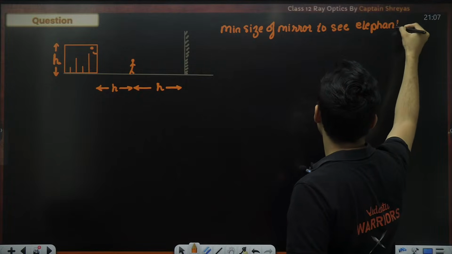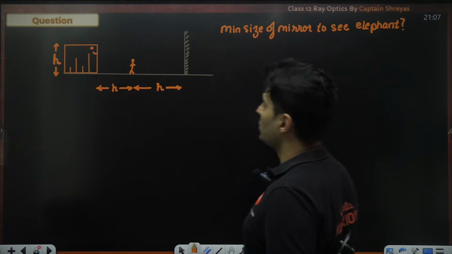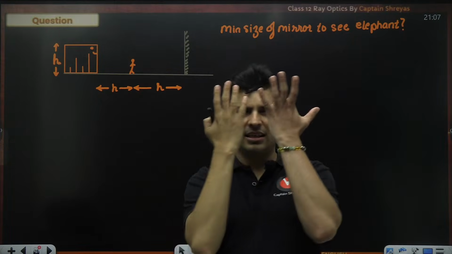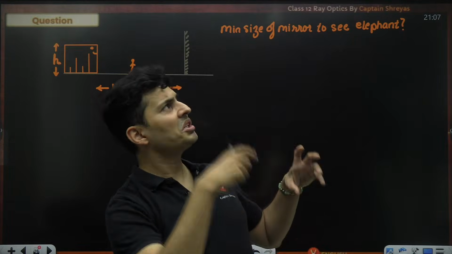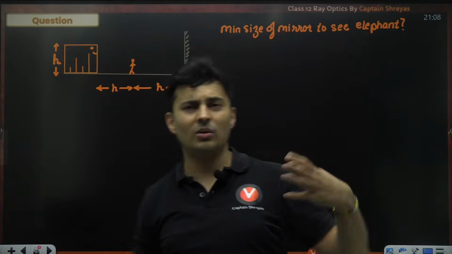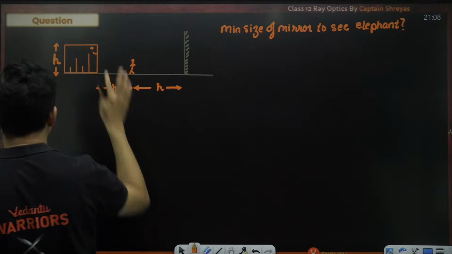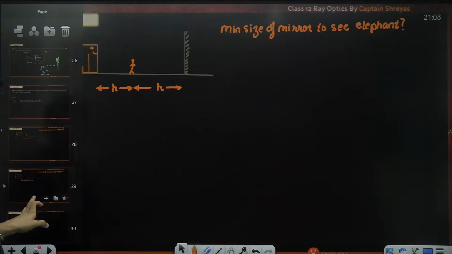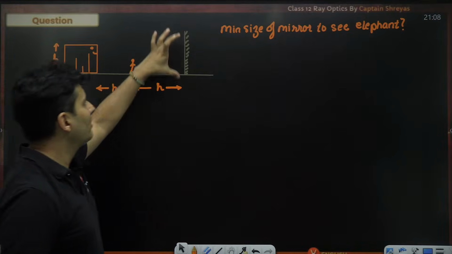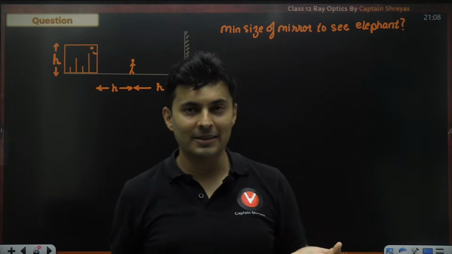Okay, that is the question. He just wants to see the tusk and the front face. Don't say, sir, I cannot see the back part or the tail of the elephant and all. Okay, ignore when we just want to see the front of the elephant. So question is, what is the bare minimum size of the mirror which is needed?